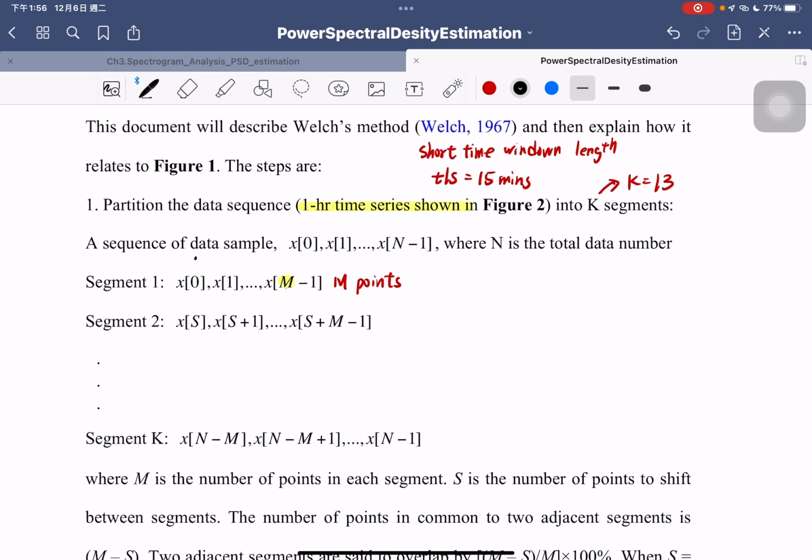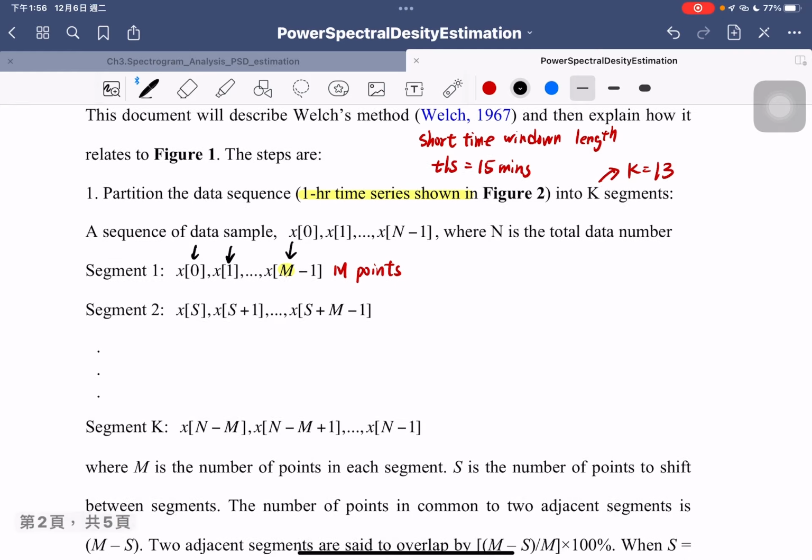You can see it starts from 0, and the second is 1, and the final point is n minus 1. That indicates for one segment, the data length is n points. Okay, and we have the several K segments, and we can capture the different time series data.